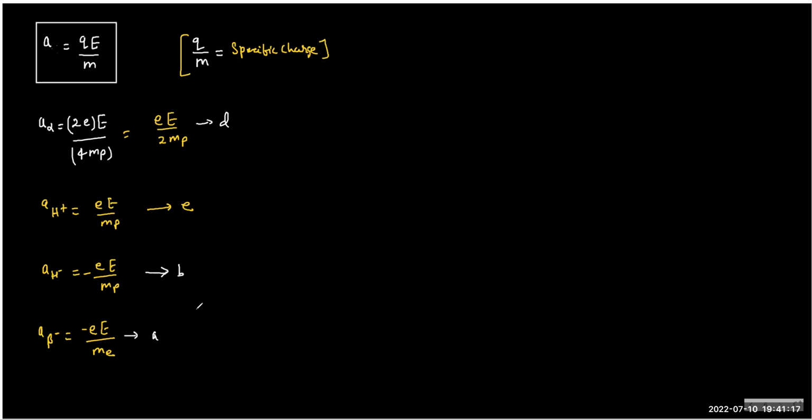Anyone having any doubt in this discussion? What is the path? So the path part is clear. So alpha will choose the path D, H plus will choose the path E, H minus B, and beta minus A. One more thing, the gamma, C. Gamma will not follow the force relation because gamma is a neutral ray.